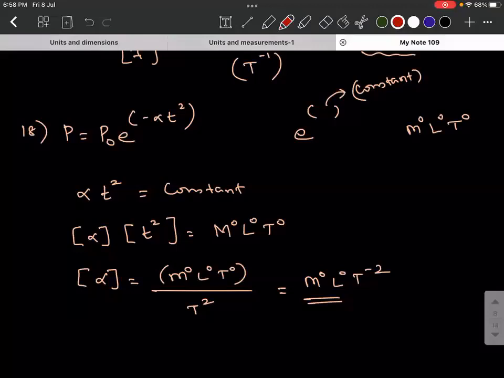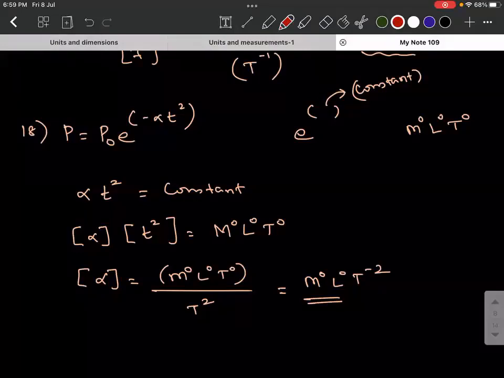P naught is a pressure at some temperature 0 or time 0, something like that. This is basically called a function. Have you started functions in your school? Relations and functions. You know what the next chapter after sets is, right?